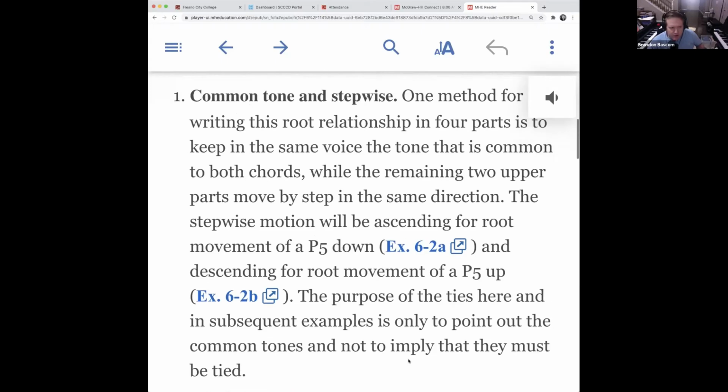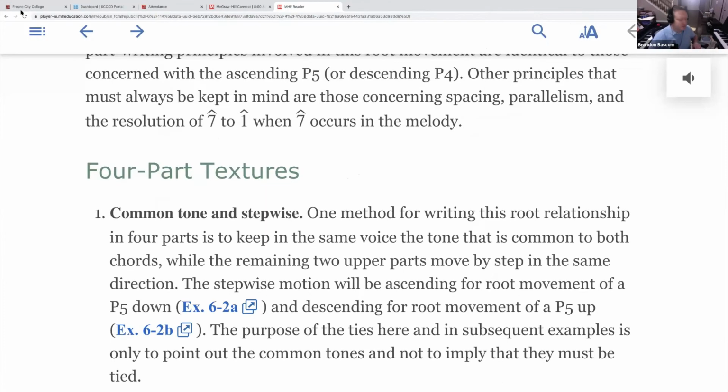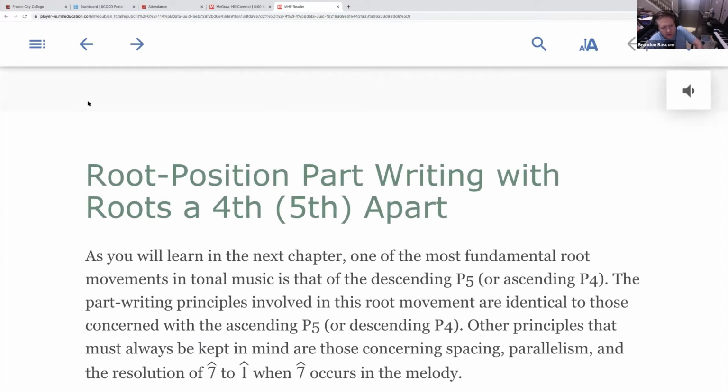Last time we went over the 3 methods for part writing when our root position is a fourth or a fifth apart. Does everybody understand what that means? When our root is a fourth or fifth apart.